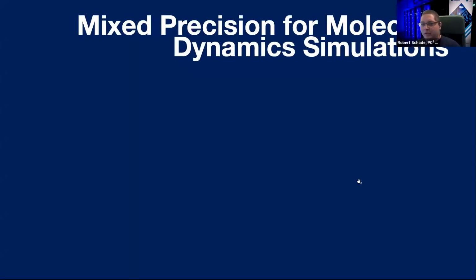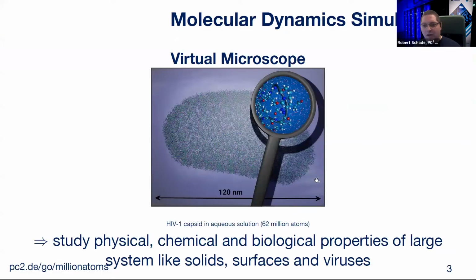At first, I would like to start by outlining the necessity for mixed precision arithmetic operations for molecular dynamics simulations. And I will start with why, in the grand scheme of things, we actually want to do molecular dynamics simulations, in case there are some people here who might not be physicists or chemists.